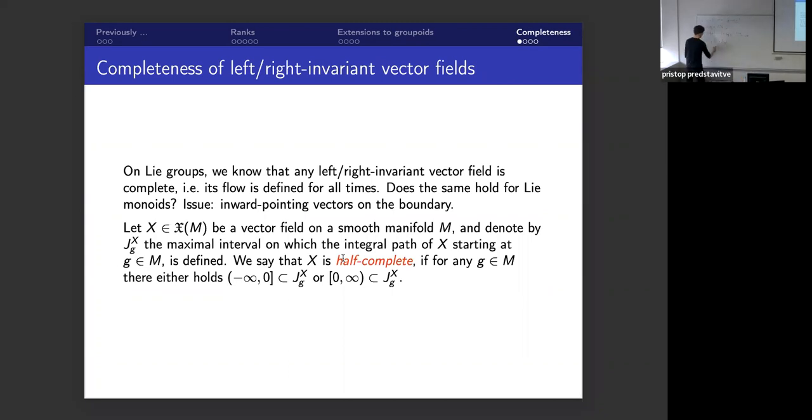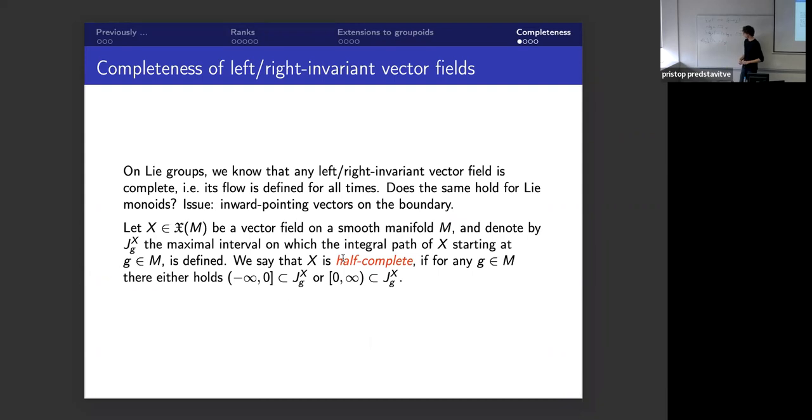And additionally, oh, sorry, this is not right. Of course, L_G(H) of X_H is equal to X_GH. That makes more sense. So whenever G and H are composable, this can be made sense of.